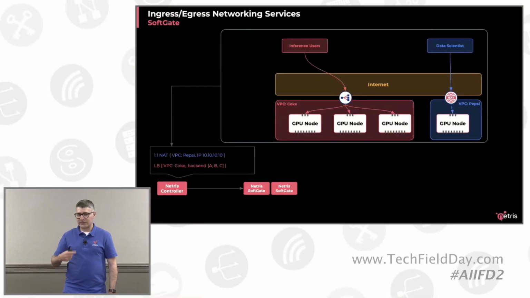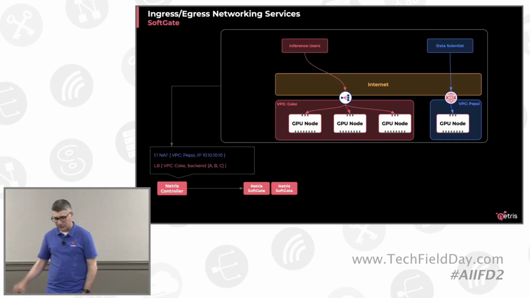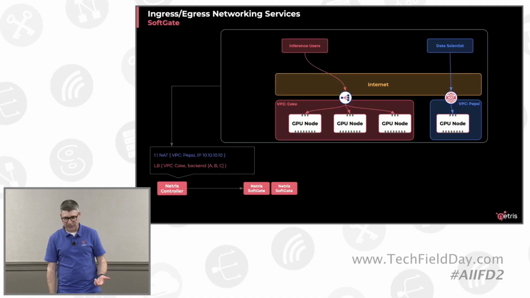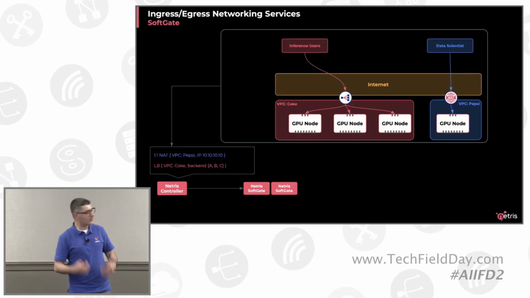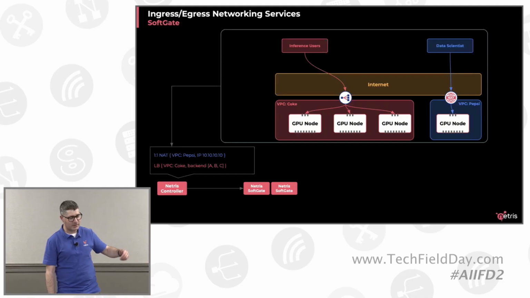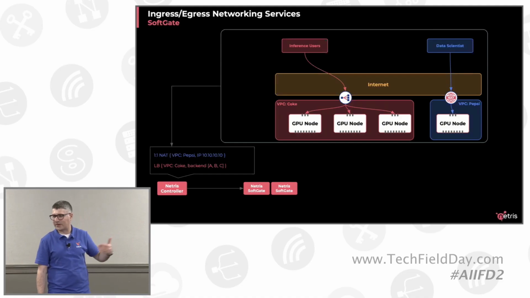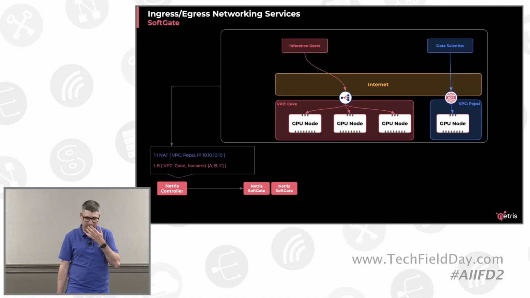And another very common question is, okay, we figured out storage sharing, and the other question is shared network services. So how do I provide internet access to my tenants? If I have a data scientist that's trying to access this cluster from the outside, how do I give them elastic IP?